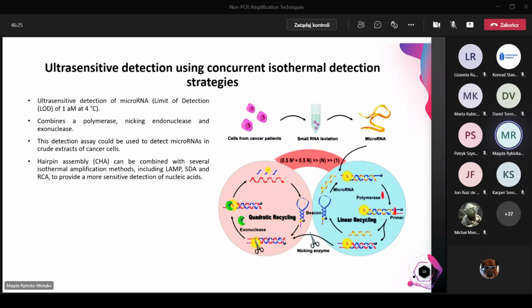It has also been demonstrated that catalytic hairpin assembly can be combined with several isothermal amplification methods, including LAMP, SDA, and RCA, to provide a more sensitive detection of nucleic acid. It was also pointed out that catalytic hairpin assembly is adaptable to different temperatures, buffers, enzymes and detection, and therefore holds promise for improving upon many of the isothermal detection strategies developed today.